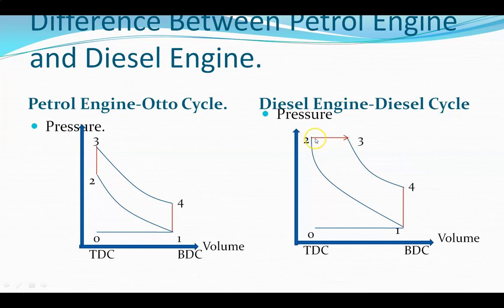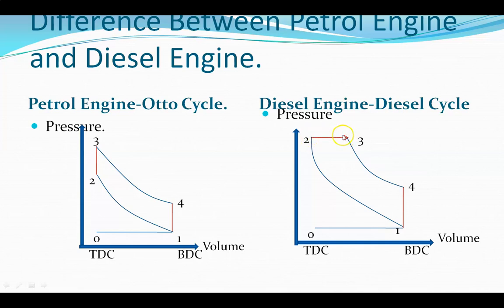Rather, there is slight increase in volume, because of the delay in ignition. That is ignition delay. So this happens in what we call isobaric process. You see the difference?